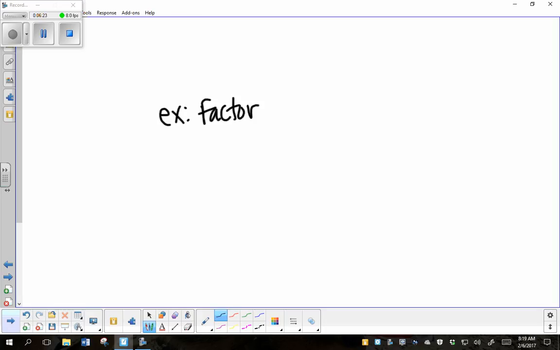Now we are going to factor, oh, sorry, I just skipped one. Not m. 125x to the 3 minus y cubed.